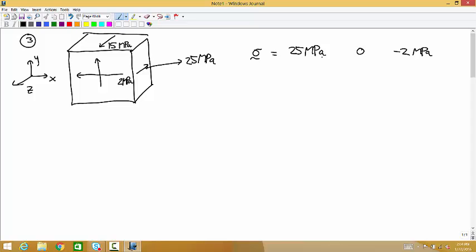And then this is a symmetric matrix, so we know this one has to be 0, but we can also see that by, so now we're on the y face. And on the y face, there's nothing in the x direction, nothing in the y direction, and there's 15 megapascals in the positive z direction.